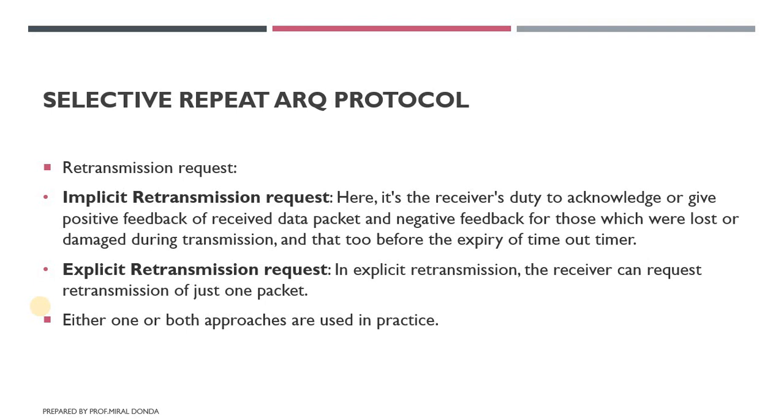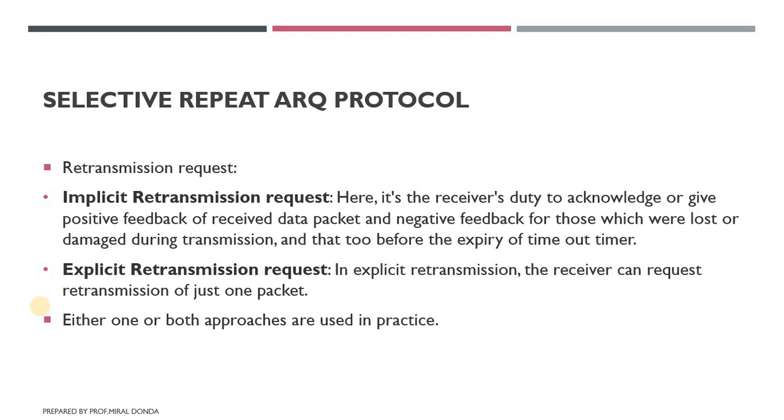In the implicit retransmission request, it is the receiver's duty to give positive feedback for a received data packet and negative feedback for those which were lost or damaged during transmission, and that too before the expiry of the timeout. Here the sender is not requesting the acknowledgement; the receiver on its own transmits the acknowledgement to the sender for the received data packet.